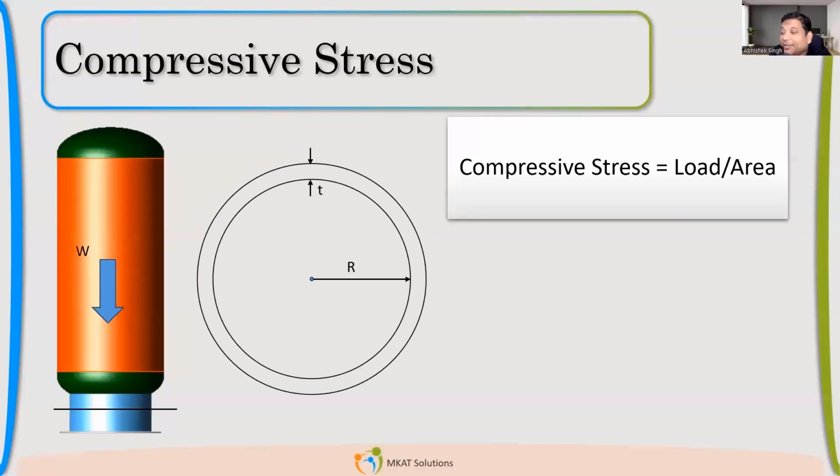F by A. So F is basically what? The load, which is the dead weight, okay, coming on the area, the cross-sectional area of the skirt, like we have drawn here. What will be the cross-sectional area of the skirt? You can neglect T compared to radius. Okay, so you can ignore that.